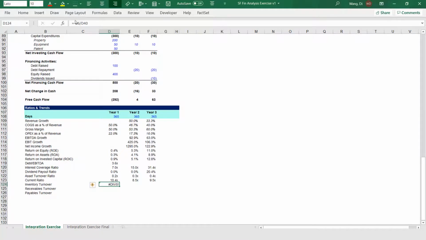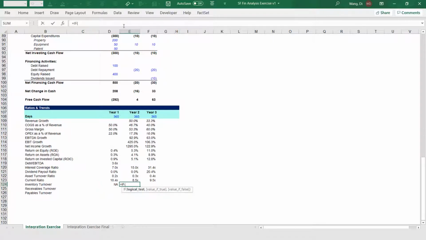So a way around this error is to do equal sign IF ERROR, we get this value if it's not an error, and if it is an error, we're going to put quotations NA. So instead of showing an error, we're going to actually show not available instead. We're actually going to do the same over here.